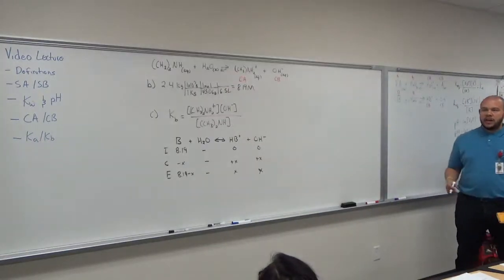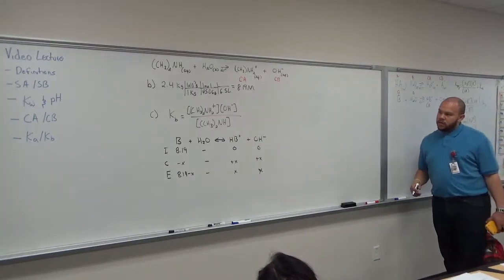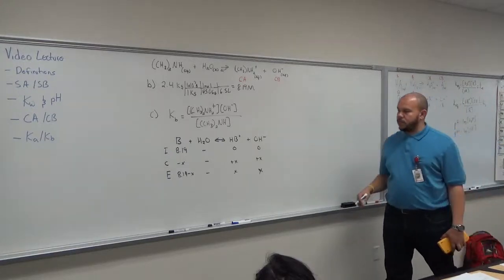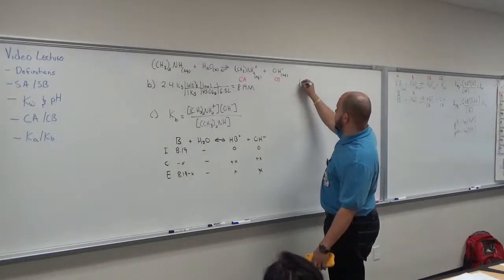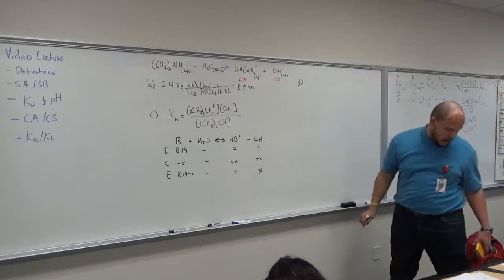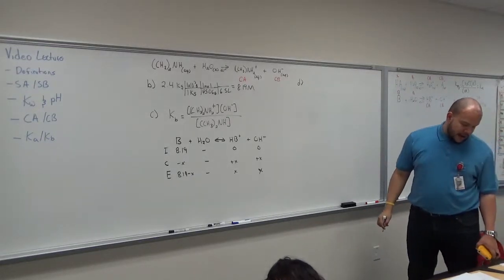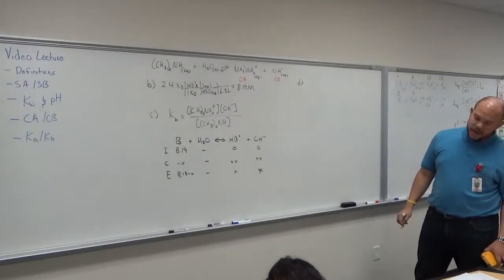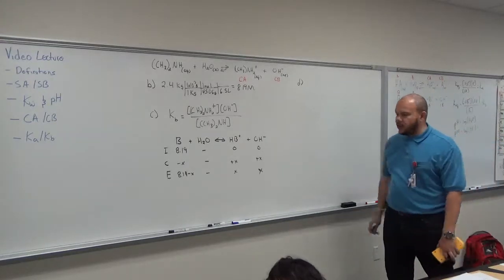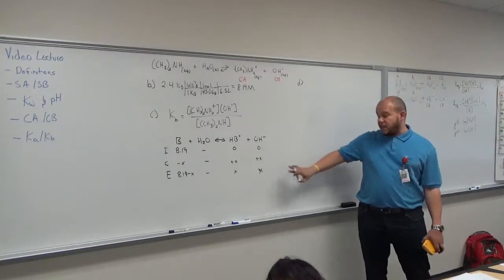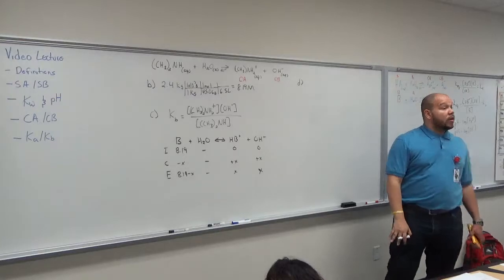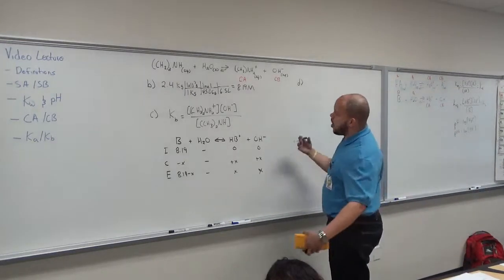And we should represent it as such. Okay? And then part D, in this case, asks us to calculate the pH. And we can only calculate the pH by determining the hydroxide concentration, because the hydroxide concentration can give us pOH.